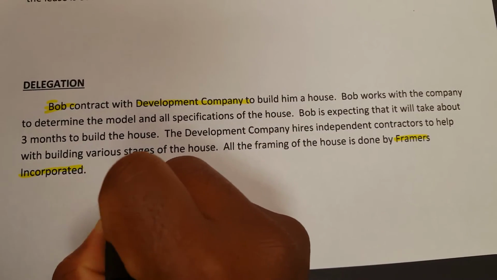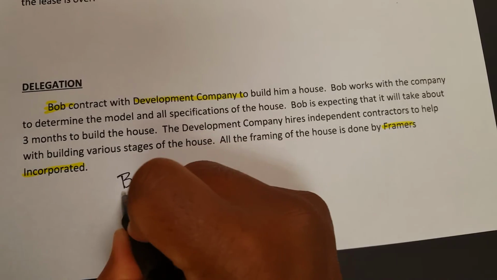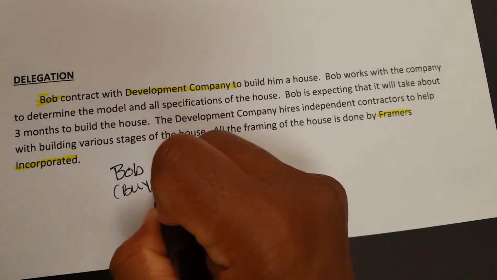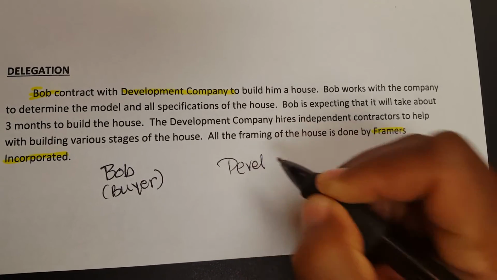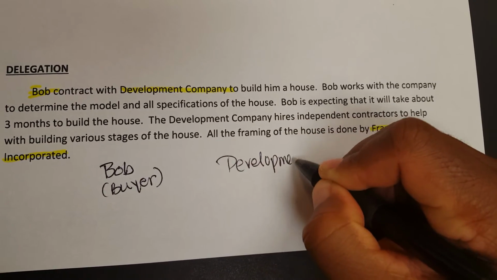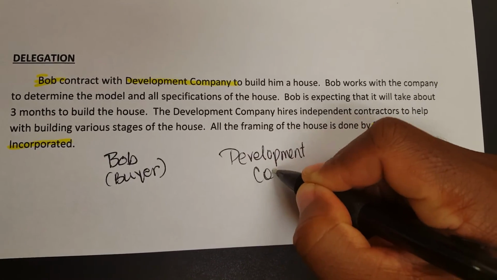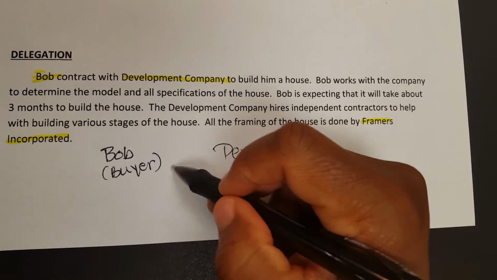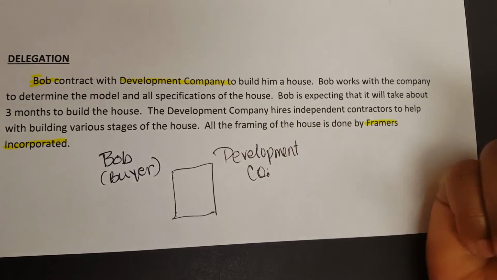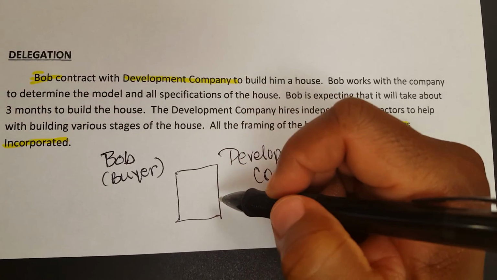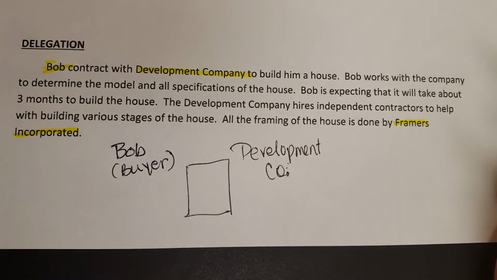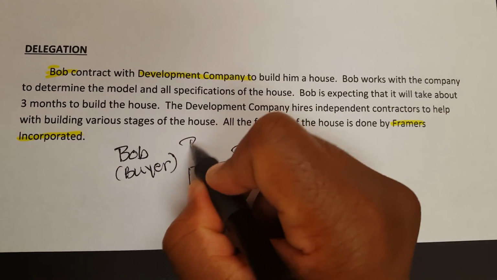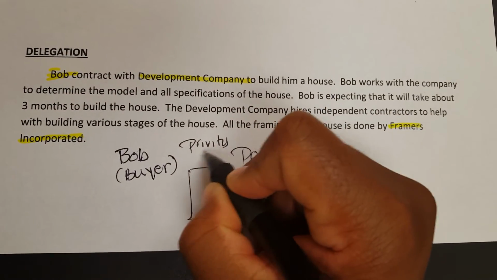Here we have Bob, who's your buyer, working with the development company. And they get into a contract and figure out what type of house is going to be built. So these two are in the direct relationship. They are in privity of contract.